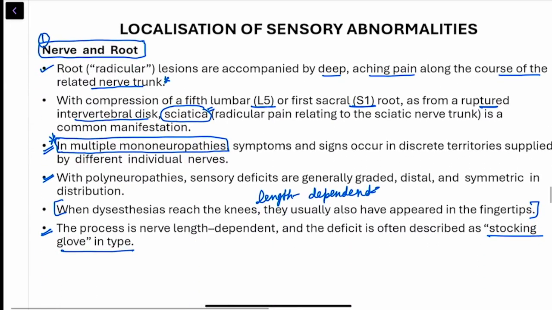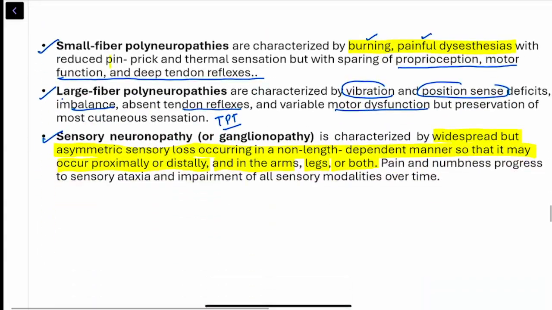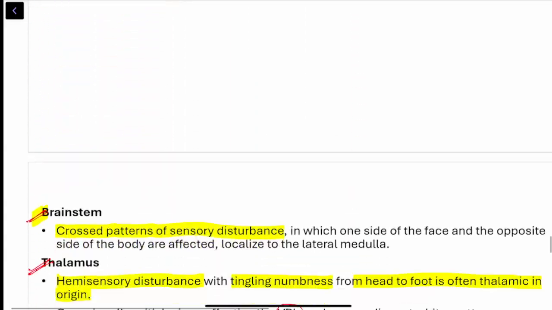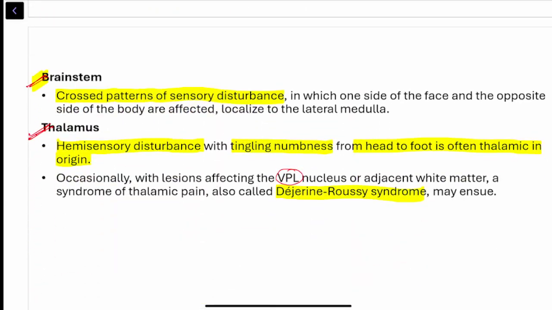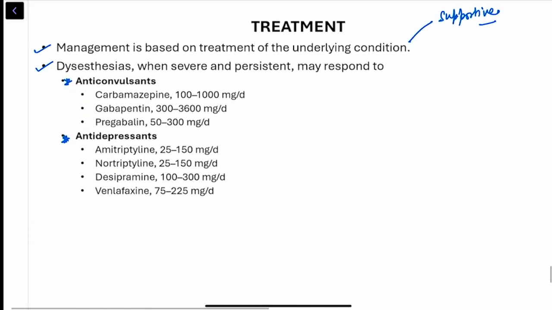Then you have to localize the abnormality, whether it pertains to nerve and root, spinal cord, brainstem, or thalamus. Treatment is supportive, and you can give anticonvulsants or antidepressants for neuropathic pain.